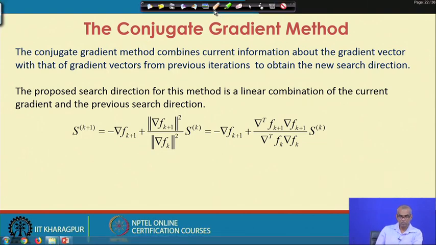The proposed search direction for this method is a linear combination of the current gradient and the previous search direction.